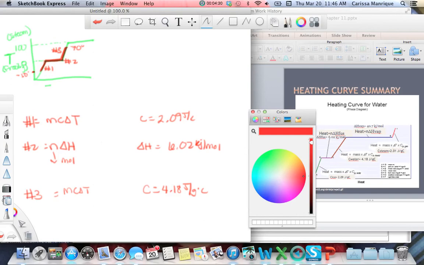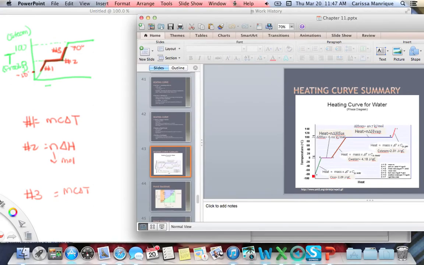Okay, so let me come back. If we're looking at the temperature, think of water. Water freezes at 0 degrees Celsius. So this right here is at 0 degrees. Anything below that, it's ice, so it's a solid. So this is a heat capacity 2.09 for solid ice.